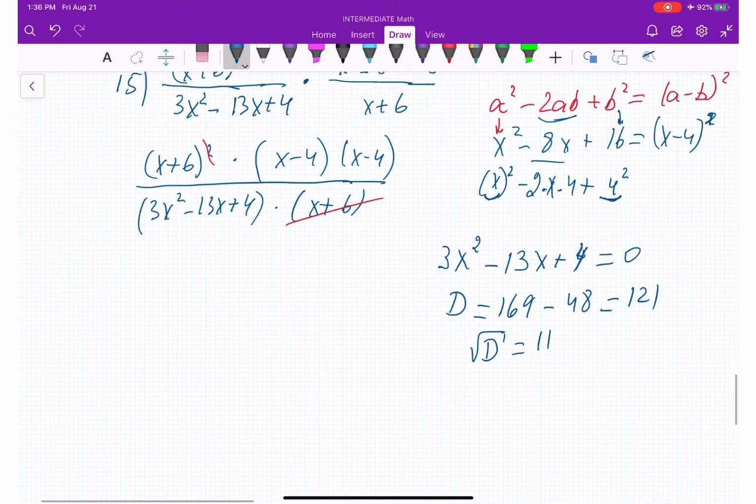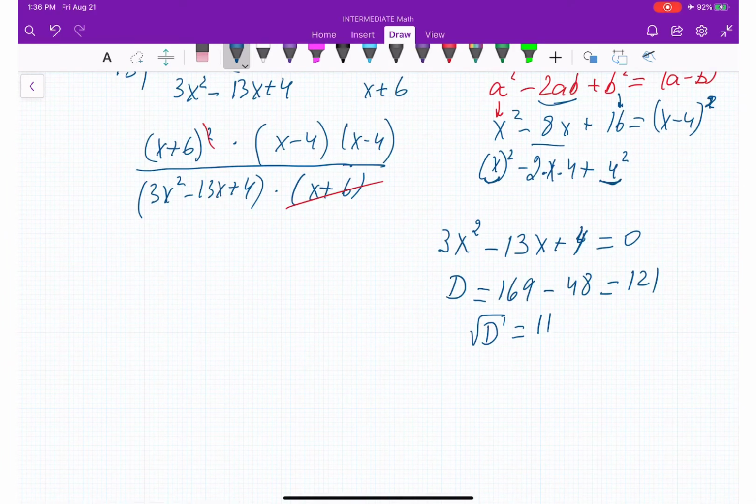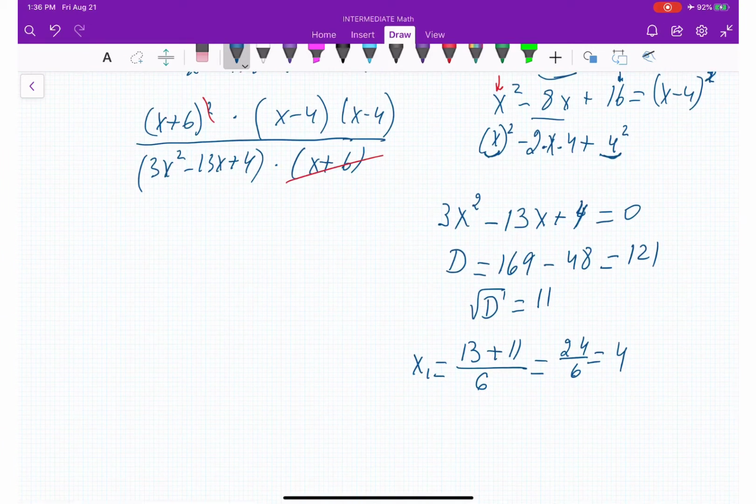Yes? All right. So from here, x1 is going to be negative b, which is going to be 13, plus 11 over 2 times a, which is 2 times 3 is 6. So we get 24 over 6 equal 4. There we go. I see here plus 4, so it's going to be x minus 4, one factor.